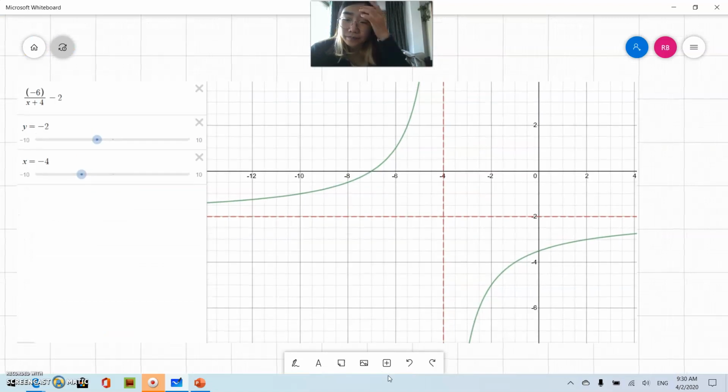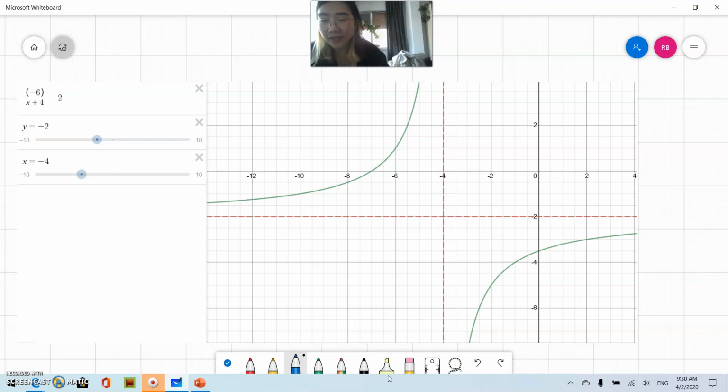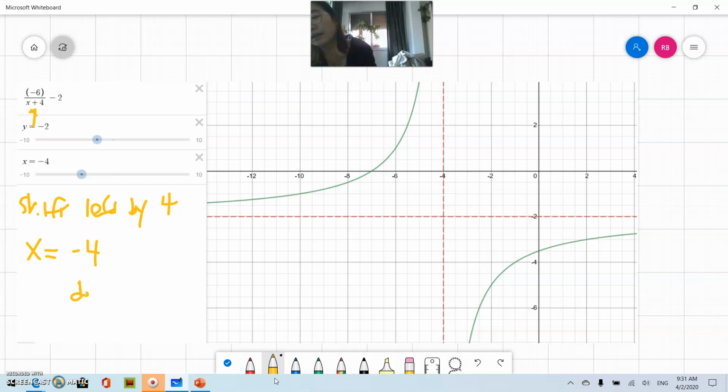This one. Now it's reflected too, right? So it was everything above and now reflected. So the first thing is the horizontal shift. It shifted left, because it's a plus here, by 4. So then my vertical asymptote is x equals negative 4. And it's shifted down by 2.